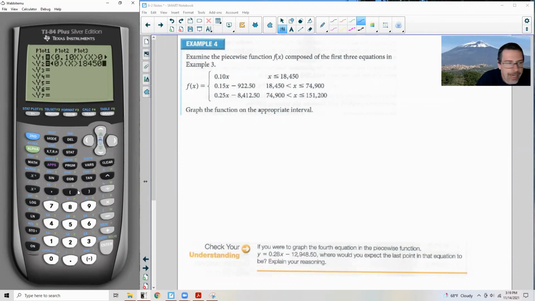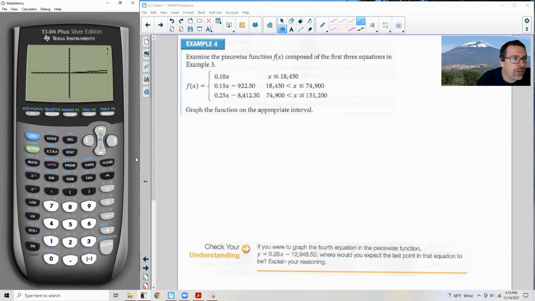Okay, and then I want to say and, so that's second math, arrow over to logic, it's 1. I want to put my parameter in. So then I want to say x, second math, less than or equal to is 6, and I want it less than or equal to 74,900. Close the parentheses, hit graph.